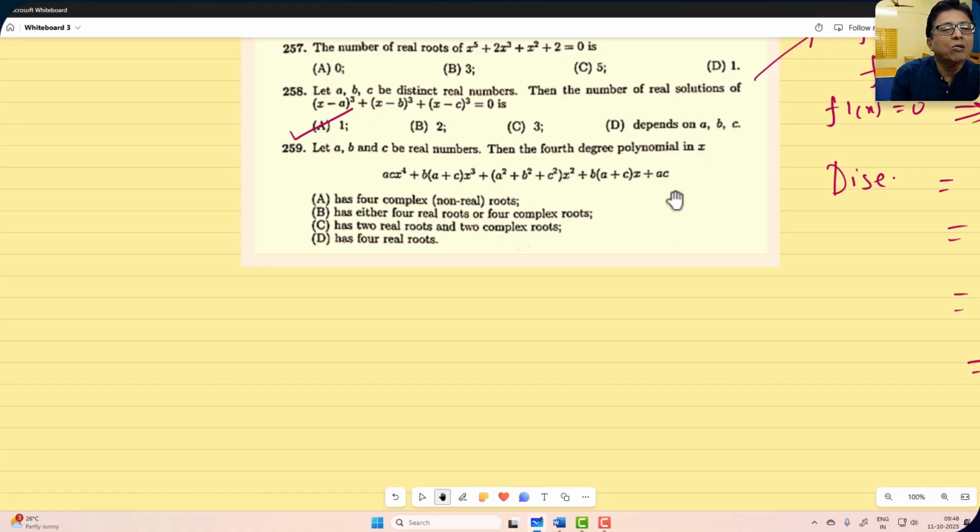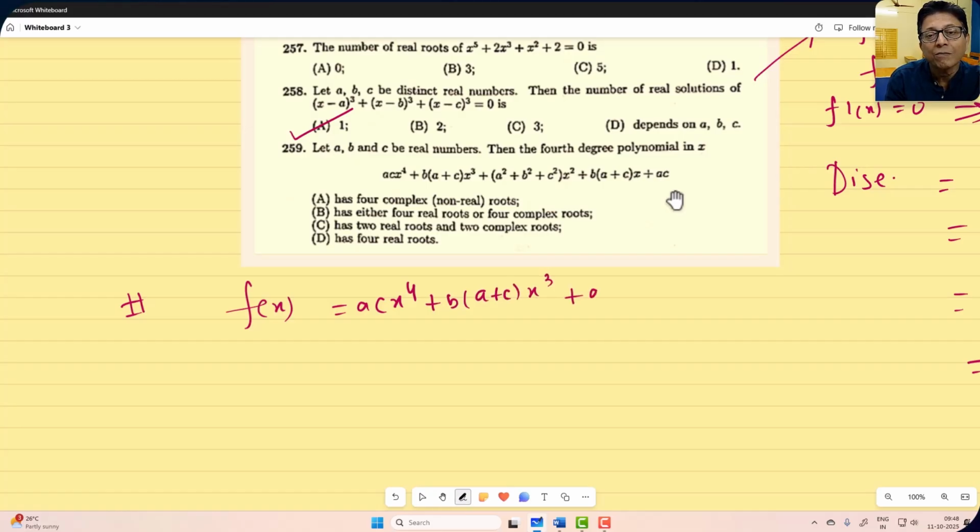We will be using the concept which we have done in the previous sum. Take this one as fx. ACx^4 plus b(a plus c)x^3 plus (a^2 plus b^2 plus c^2)x^2 plus b into (a plus c)x plus ac.